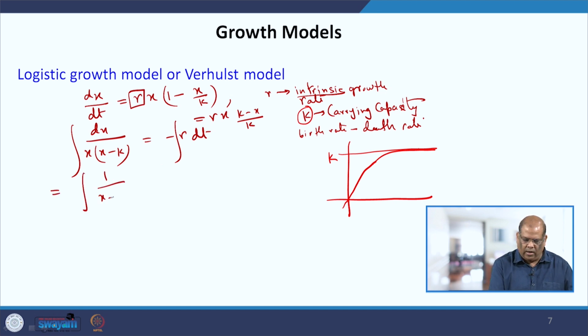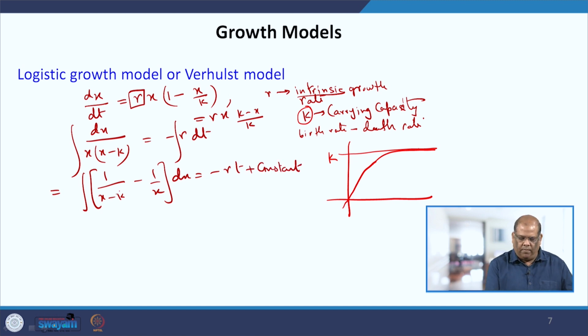I can write like this. So, if I simplify this, I will straight away get this. So, I think I missed x. So, there is a 1 by k.